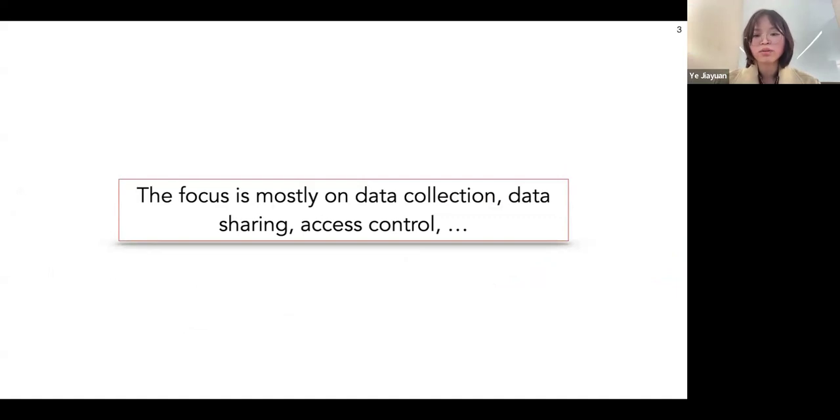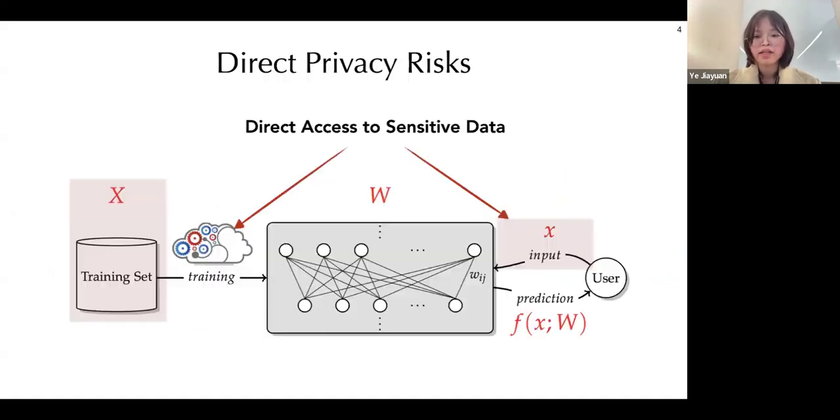What we are going to talk about today is slightly different from this direct privacy risk. By direct, I mean they restrict the following. Let's imagine a machine learning training setting where data is trained maybe on the cloud to get a trained model, and then this model is used by subsequent users.